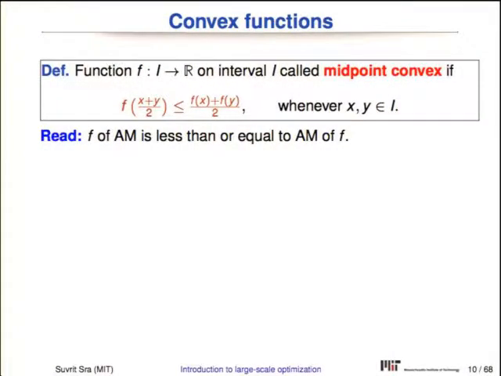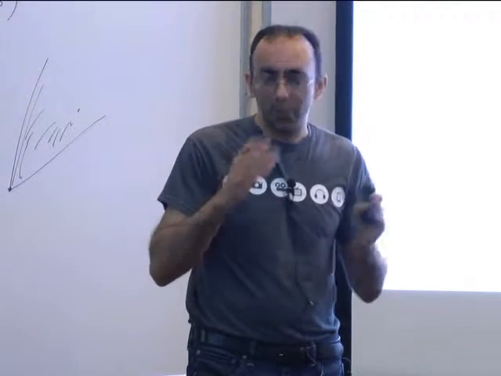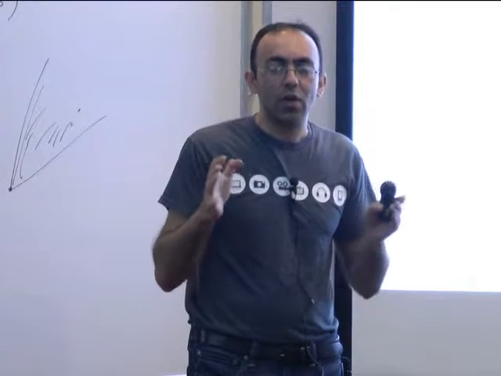So once you have convex sets, the next important concept for us is that of a convex function. Convex functions are defined over convex sets. So essentially for us to really talk about a convex function, the domain should be a convex set. That's why we started with a convex set. On an interval, we just say a function is midpoint convex if it satisfies this inequality.